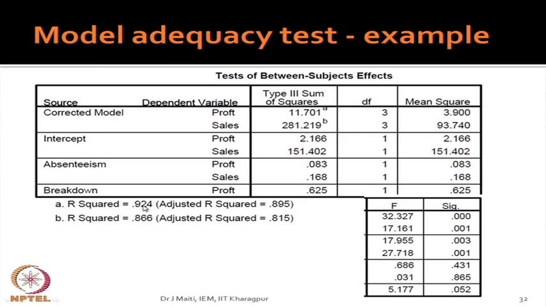For the first one it is 0.924, that means for profit 92%, and for sales 86.6%. And also you have tested the significance level here for intercept, for absenteeism, for breakdown, and their significance level, everything is tested.